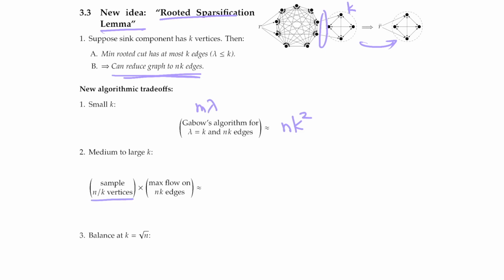So we sample n over k vertices or so, and then we run max flow, which normally would take n plus n to the 1.5, except we've also reduced the number of edges. And so we get n over k times nk plus n to the 1.5, which is n squared plus n to the 2.5 over k.